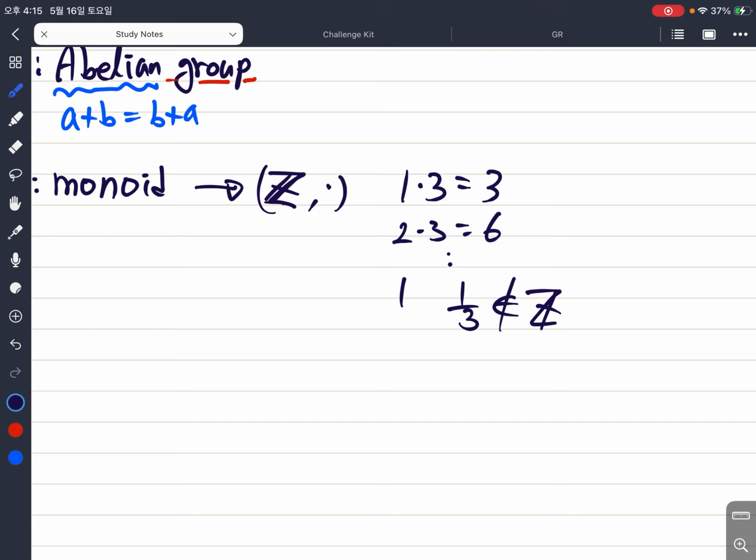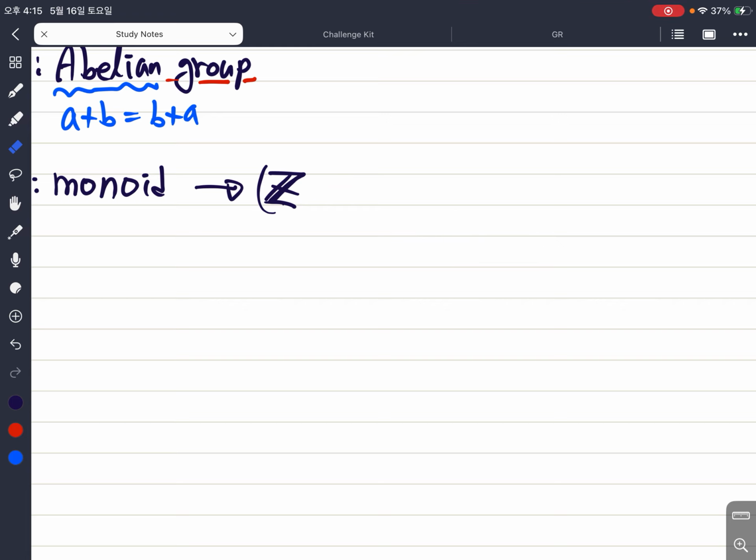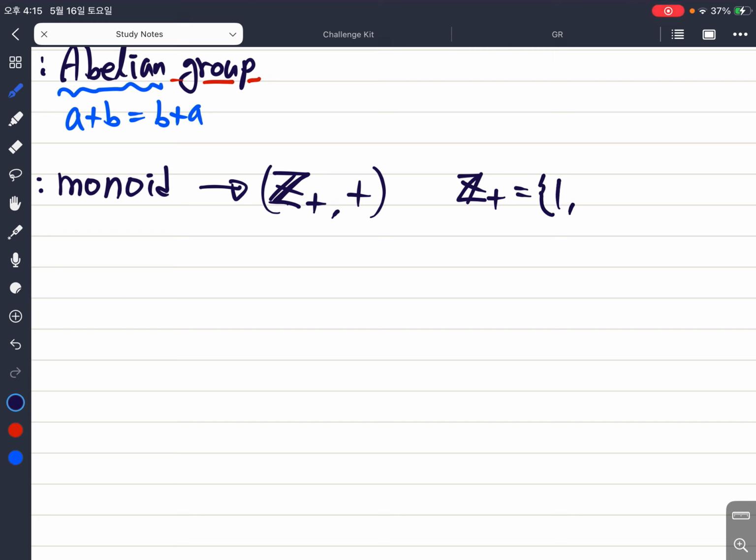Okay, then another example. Let me write the natural numbers, the positive integers, Z plus, and then let us think about plus. Z plus is just 1, 2, to infinity.